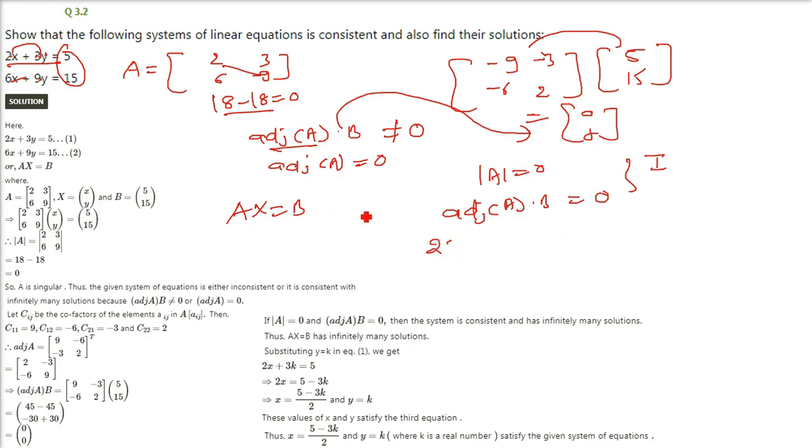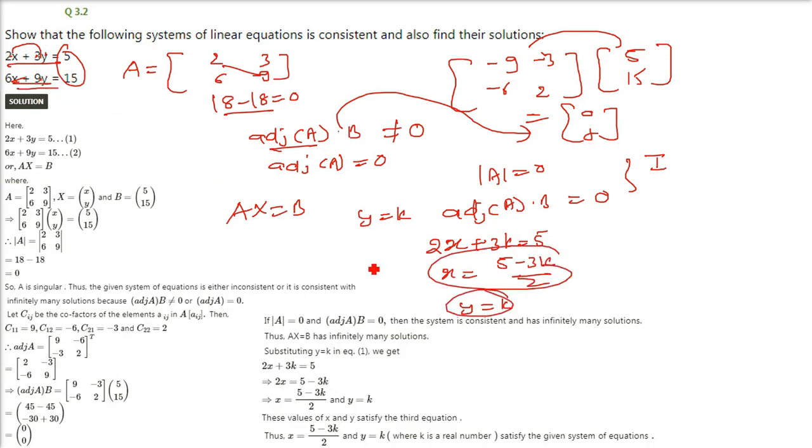So what you have to do here is assume y equals k, 2x plus 3k equals 5, x will be equal to (5 minus 3k) by 2. So x and y, they both are dependent on k. K can be chosen by you, any value you give, whichever is possible, and you will get infinite solutions. Infinite solution because of the k, and k is up to you.